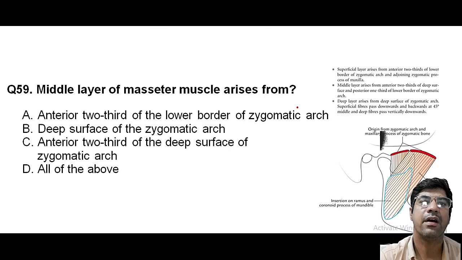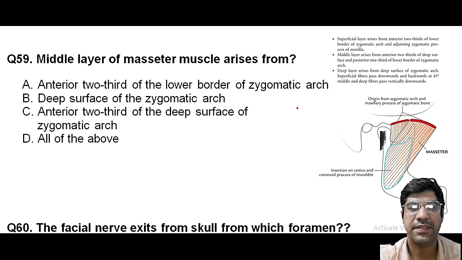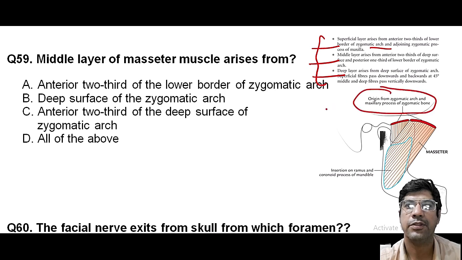The middle layer of masseter arises from the anterior 2/3 of the deep surface and posterior 1/3 of the lower border of the zygomatic arch. So there are three layers: superficial, middle, and deep. The superficial layer arises from the anterior 2/3 of the lower border of the zygomatic arch and adjoining zygomatic process of maxilla.